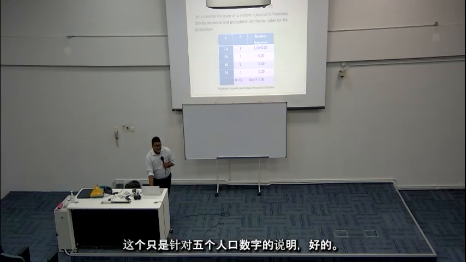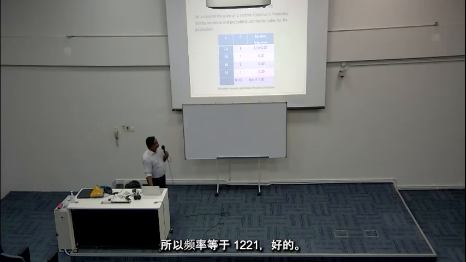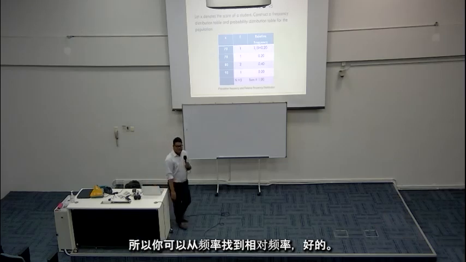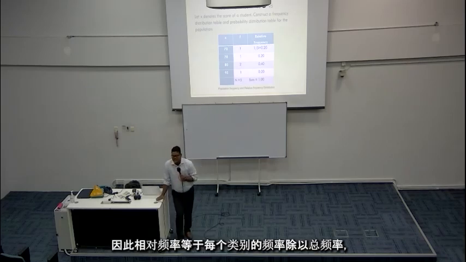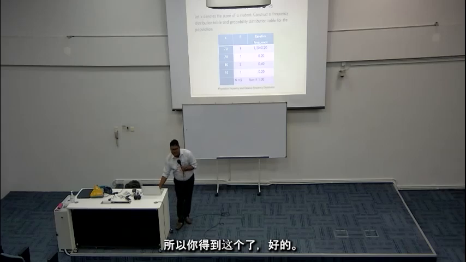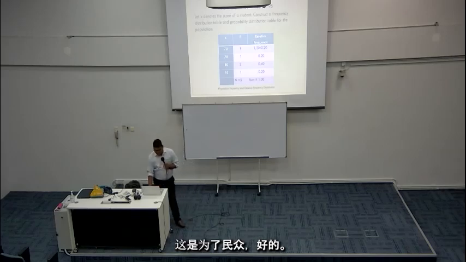This is an illustration for only 5 members of the population. The frequency is 1, 2, 2, 1. From the frequency, you can find the relative frequency, which is the frequency of each category divided by the total frequency. This is for the population.